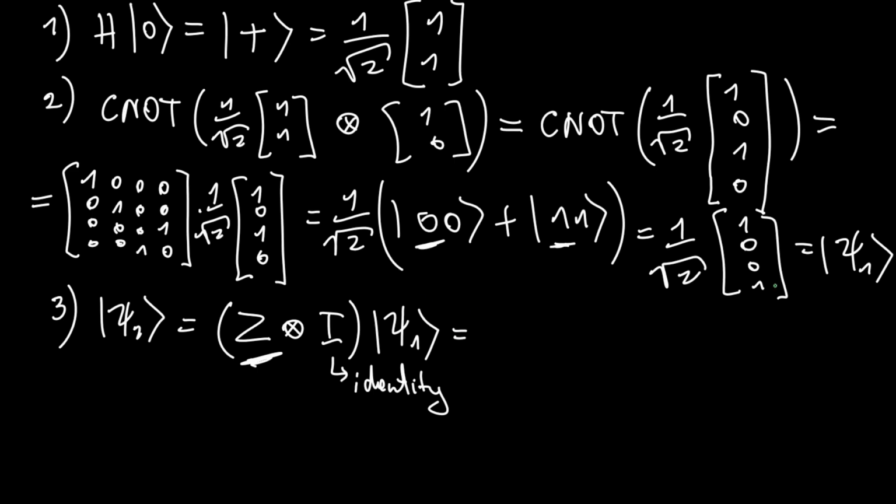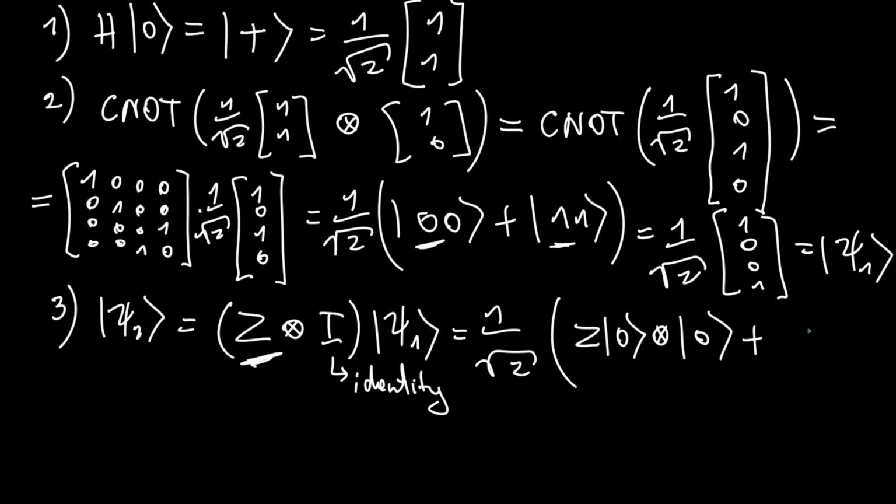So instead of using this, we're gonna write like this, and then we can use linearity. So for this thing, we can just write it as 1 over square root of 2, and then we apply Z to the first qubit. To the other we don't do anything, and do the same for this. Apply Z to the first qubit part, and do nothing with another, like this.